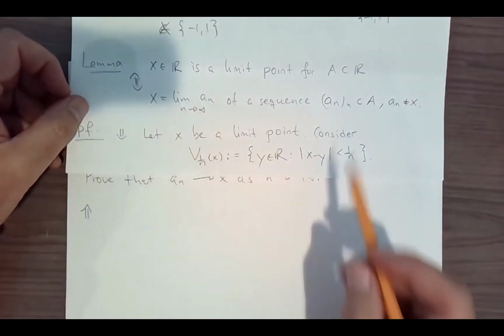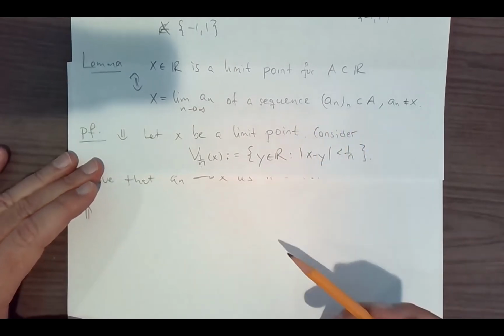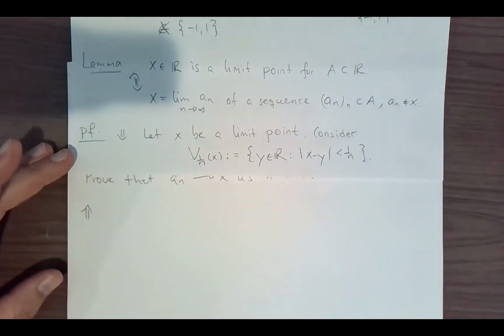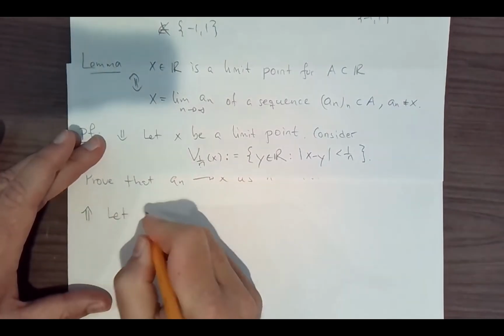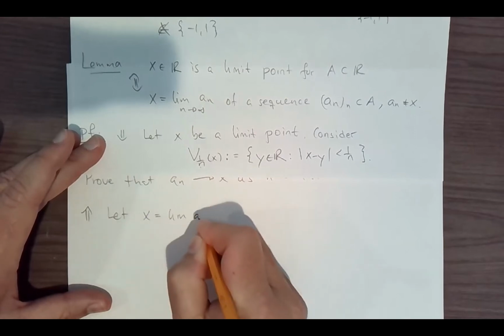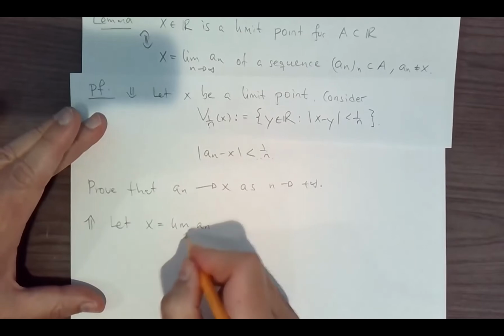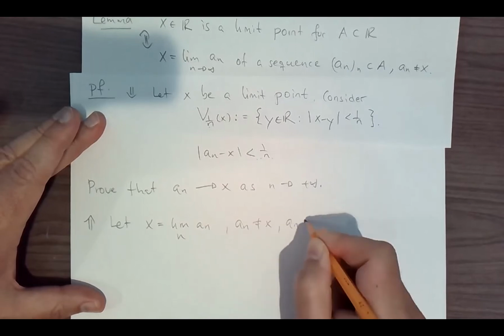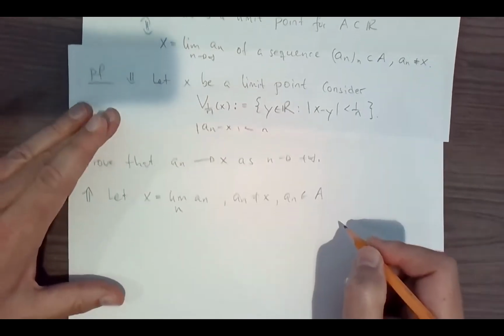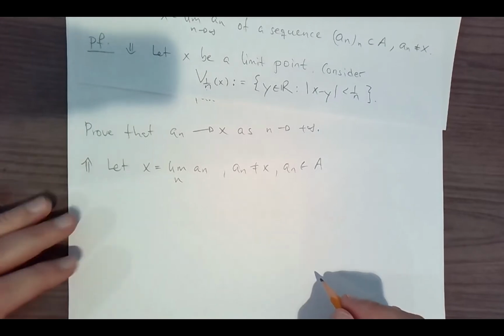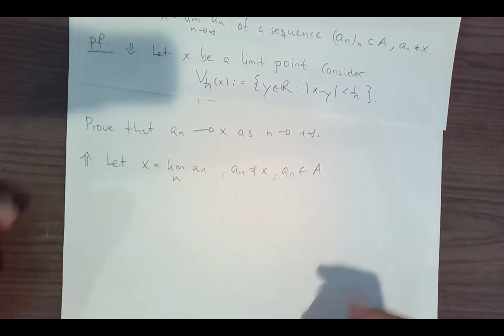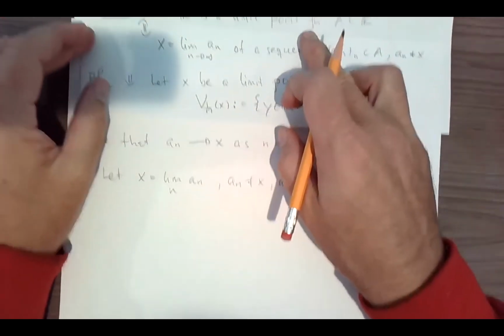So x is given as a limit of a sequence that's inside A. So let x be equal to this limit, where an is not x, and an belongs to A. Now we want to prove that x is a limit point.